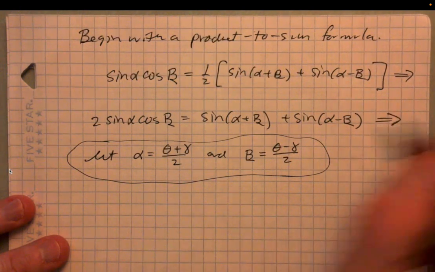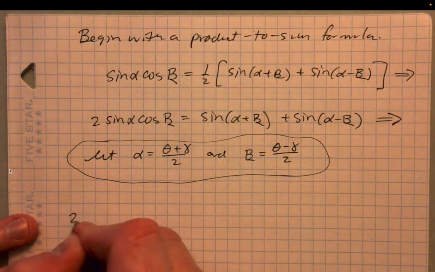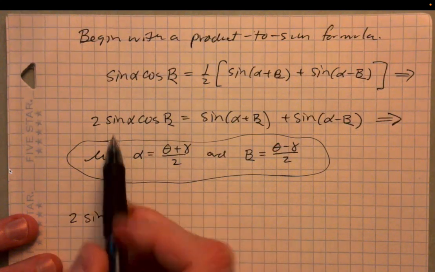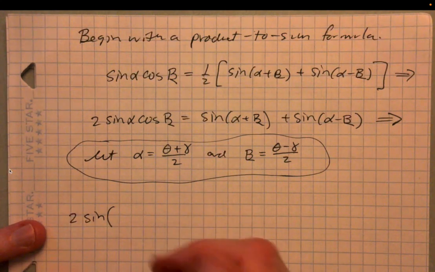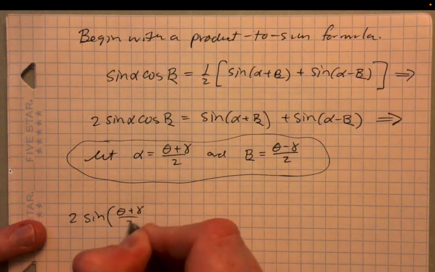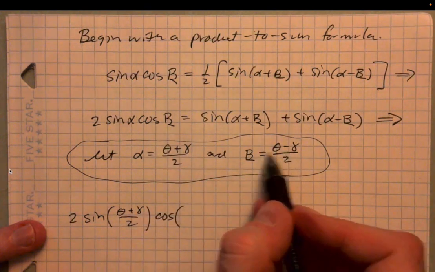So we get 2 times sine of, it was alpha, now it's theta plus gamma over 2, and then cosine of, it was beta, now it's theta minus gamma over 2.